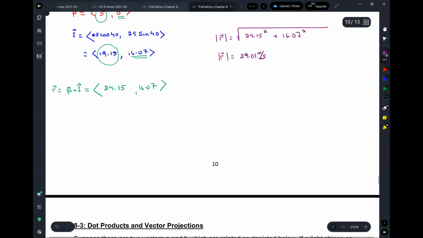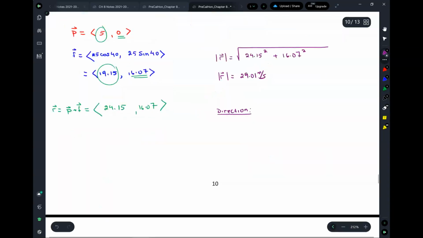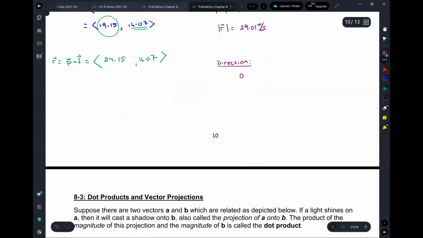Okay? The direction now, we just drew it, but we don't know the actual angle for it. The football is thrown at 40 degrees, but because he had the initial velocity when he was running, when the ball starts to travel, it actually travels at a different angle, not the 40. So the direction is theta equals inverse tangent of y over x from the resultant.